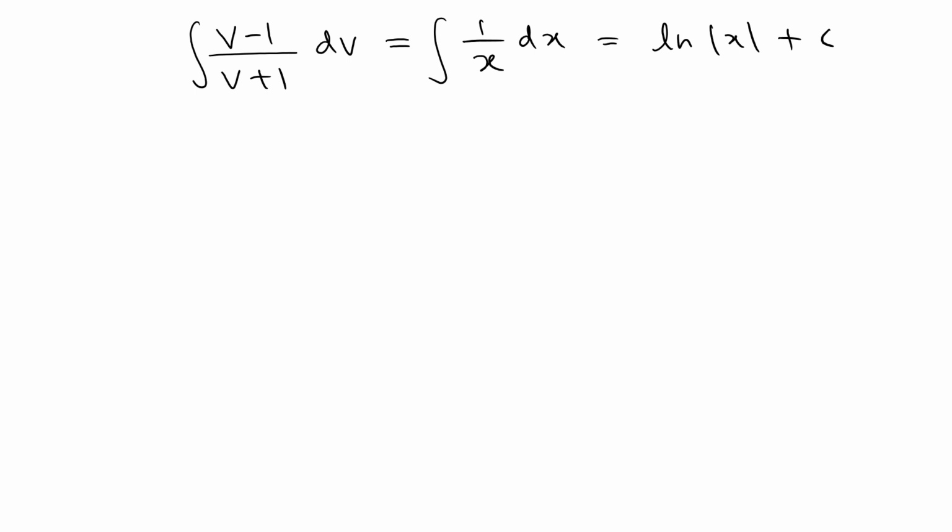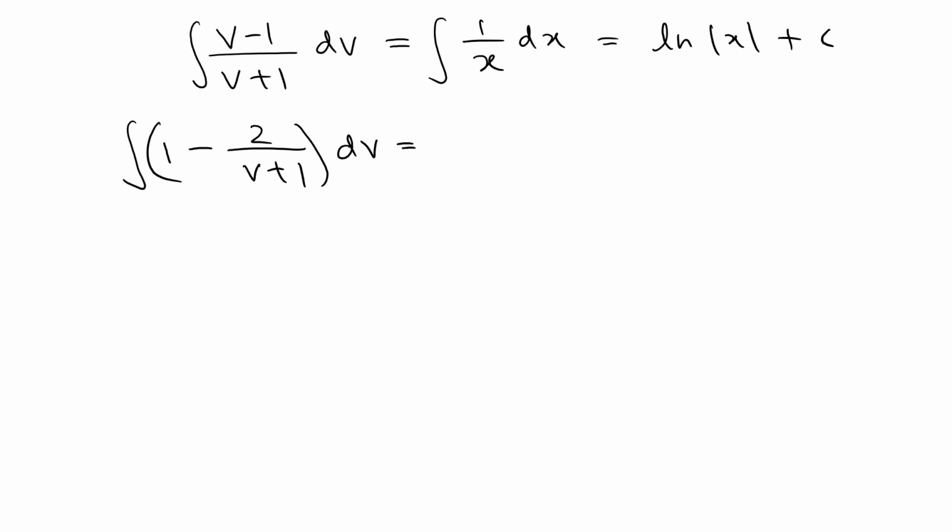For the right side, we can do a nice algebra trick. If you write the numerator as v plus 1 minus 2, you can write this one as 1 minus 2 over v plus 1. We did this many times in our partial fractions video because it's a common trick.